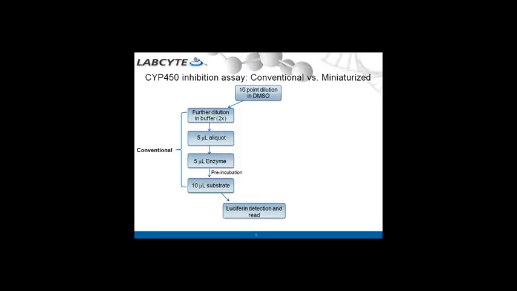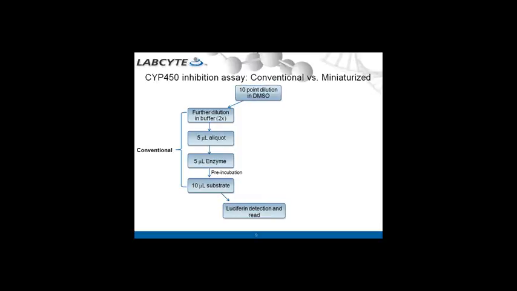Then 5 microliters of aliquot is taken out from this DMSO aqueous mixture and added to 5 microliters of the enzyme. Enzyme and compound are pre-incubated, and at the end of the pre-incubation, 10 microliters of substrate is added. This CYP reaction is further incubated for an appropriate amount of time. At the end of the incubation, luciferin detection reagent is added and plates are read on the reader.